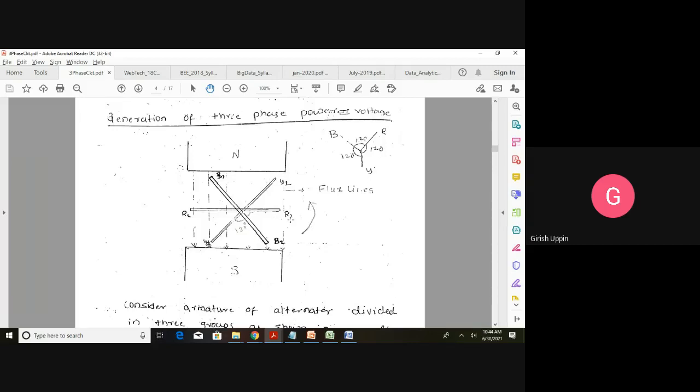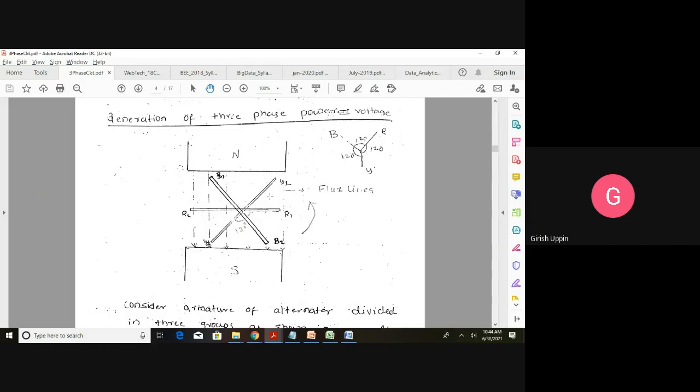And how do we represent the instantaneous voltage in each of these phases? ER, that is the voltage in the R phase, ER is equal to EM sine omega t. And I told you EM is the peak value of the voltage, and it would be exactly the same in all the coils, because the number of turns, length of the coil, nature of the material, everything is same.